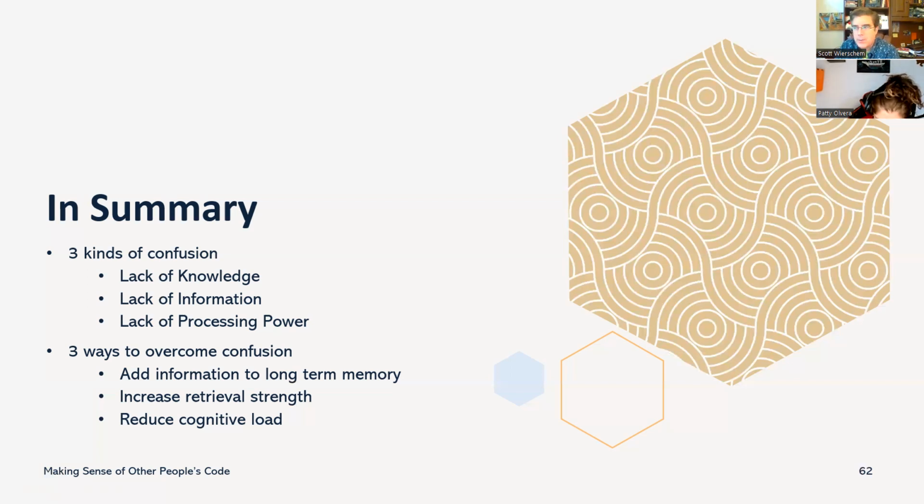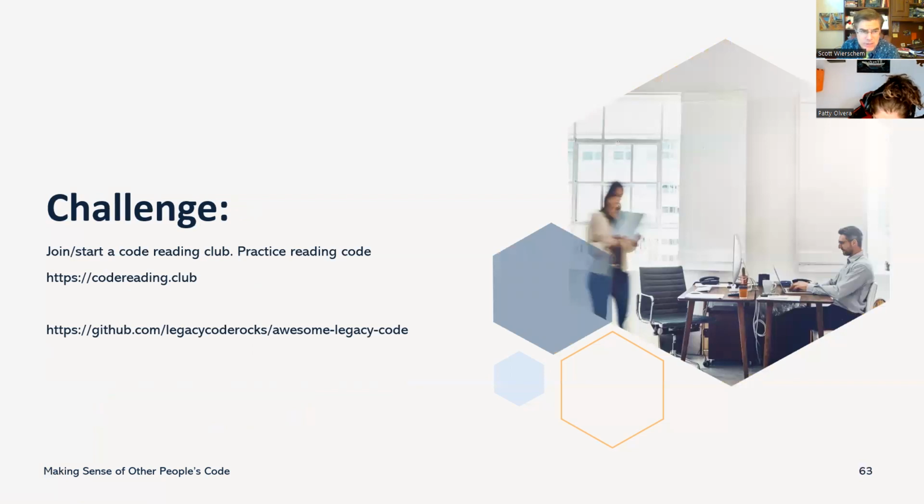Okay, so my challenge to you is to either start or join a code reading club. Maybe you can start one with your geek friends or your friends at the office, and you can practice reading code.